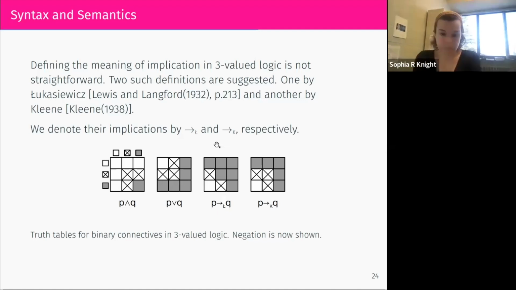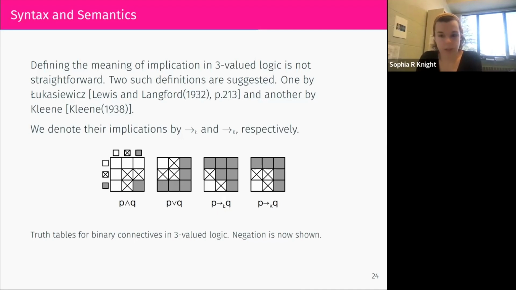But implication, there are 2 different reasonable ways to define implication in this 3-valued system. So Lukasiewicz worked on 3-valued logic, I think maybe first, and then Kleene had a different notion of implication that he used in 3-valued logic. So in Lukasiewicz's logic, basically, any truth value implies itself, that gives you true.